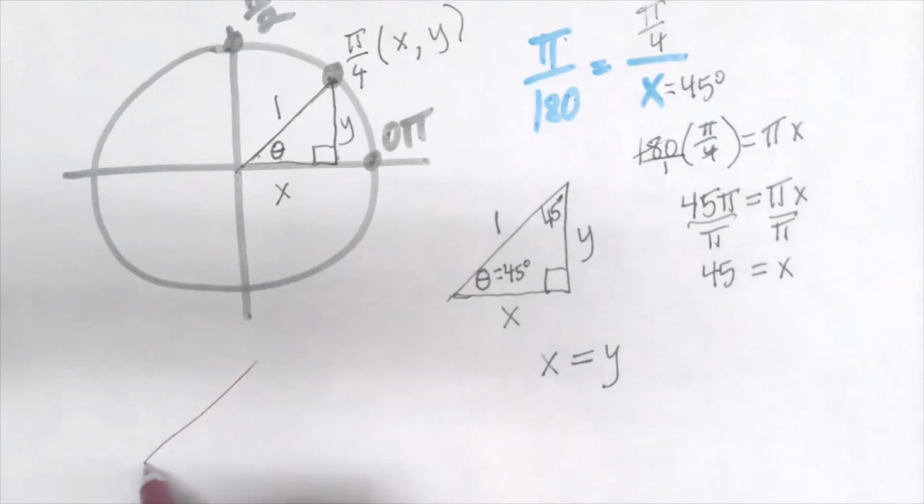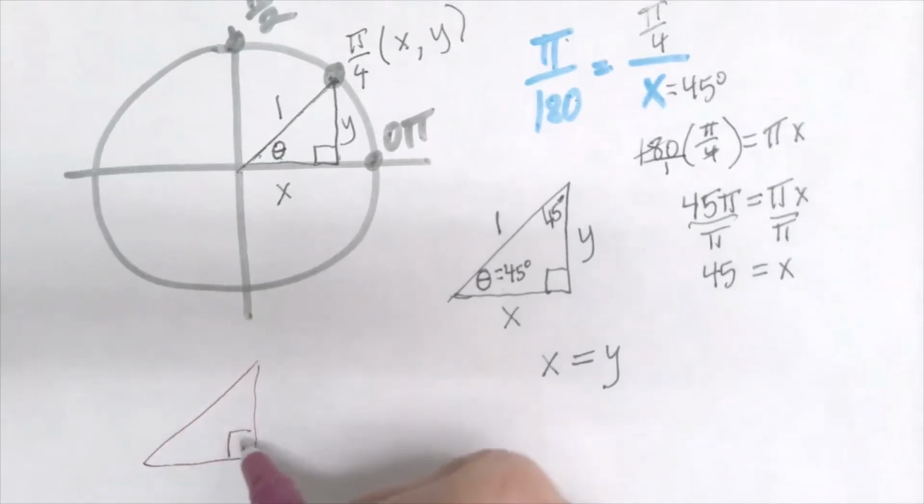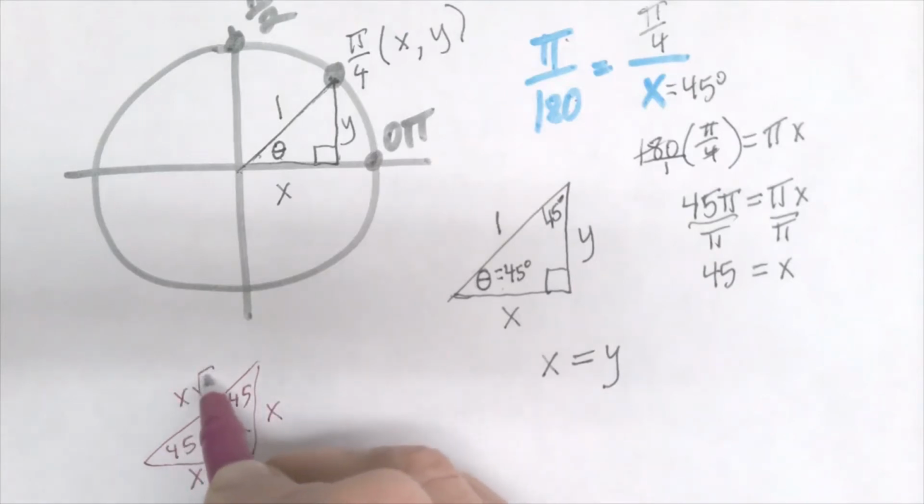I'll just pull out a different color so I can draw the general form here. If this was 45 and 45, and this was x and this was x, then this was x times the square root of 2.